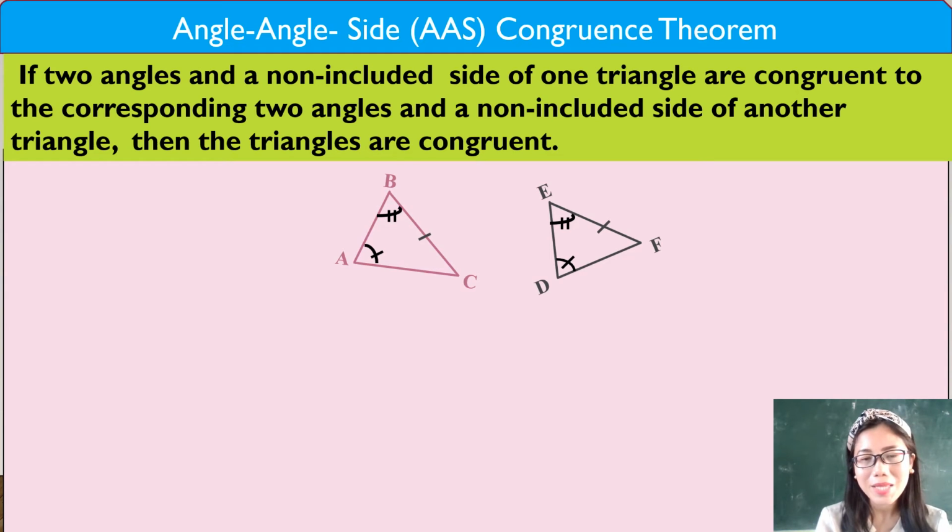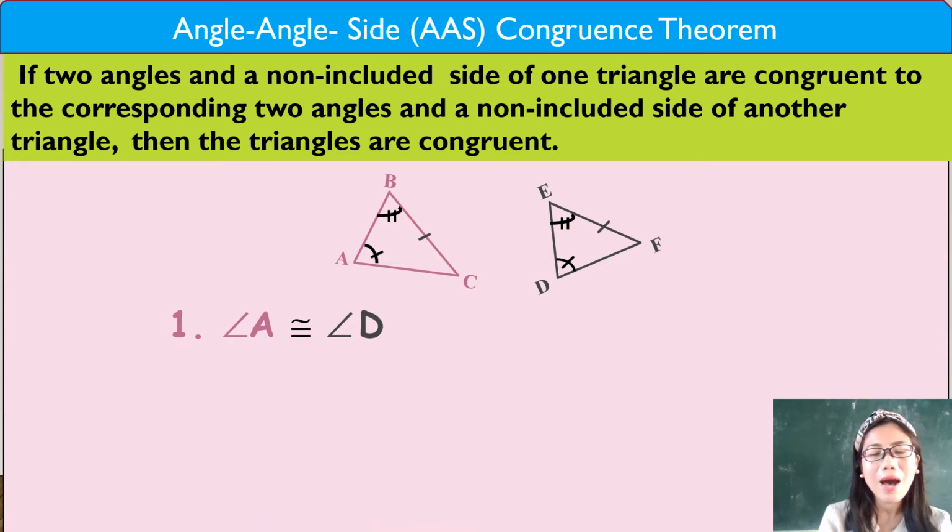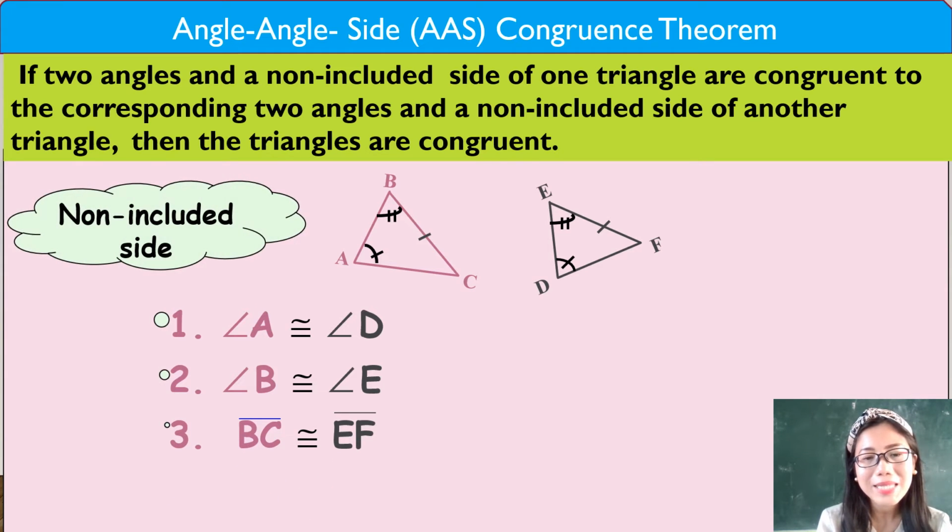As you can see here, for triangle ABC and triangle DEF, angle A is congruent to angle D. You have there one hash mark. Then angle B is congruent to angle E, two hash marks, and segment BC is congruent to segment EF.